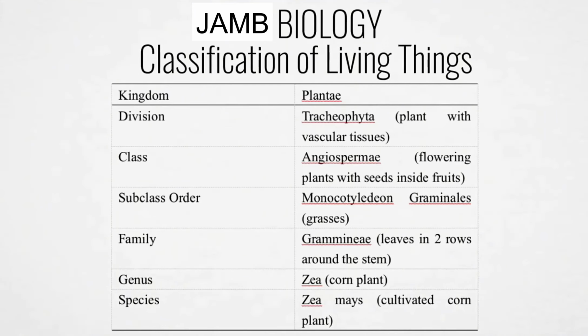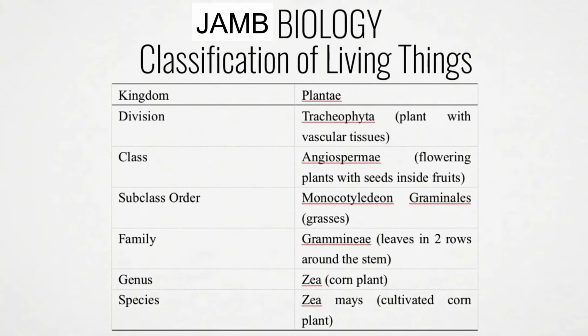We'll realize that for the phylum, plants are referred to with division, and here the division is Tracheophyta, that is plants with vascular tissues. Whereas for the class, it is Angiospermae, that is flowering plants with seeds inside fruits.